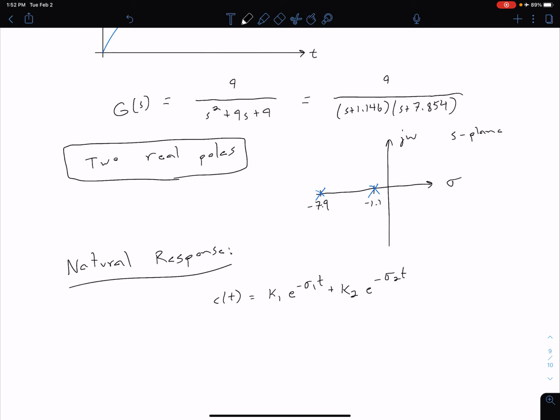With this natural response, sigma 1 and sigma 2 are the pole locations. So that's going to dictate how quickly those decaying exponentials go away. And then as we saw with our general first order system, our k1 and k2 constants are going to depend on the input function as well as the specific pole locations of our transfer function.